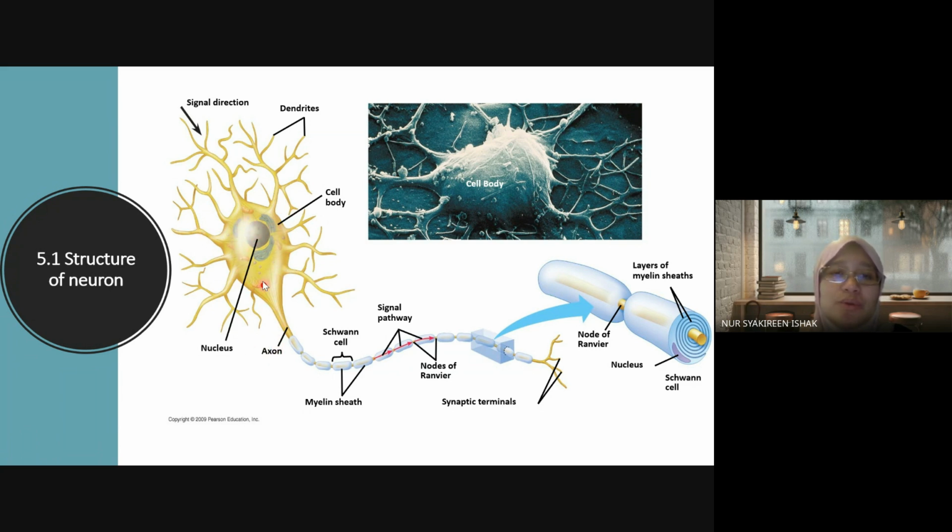The function of the cell body, for example, is to produce neurotransmitter, and to generate energy because it has mitochondria. The neurotransmitter produced in the cell body will be packaged into vesicles and then travel along the axon until it reaches the axon terminal, synaptic terminal, to be released into the synaptic cleft.